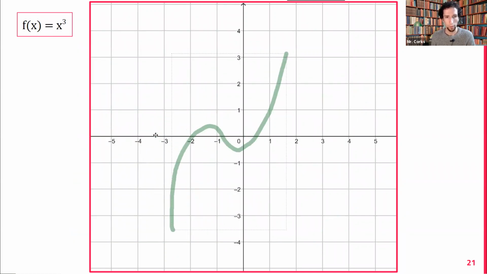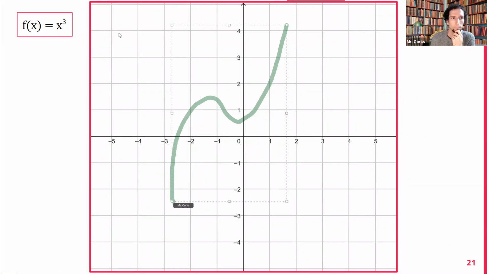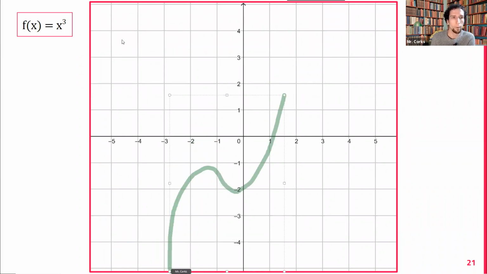Currently, how many intervals and how many zeros do you see? 3 zeros, 3 x-intercepts, and 3 intervals. All right. And what about now? 1 x-intercept and 1 zero, and 3 intervals. What about now? The same. Okay, there's your answer.